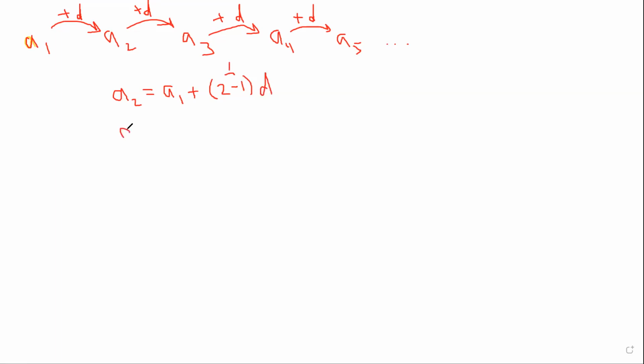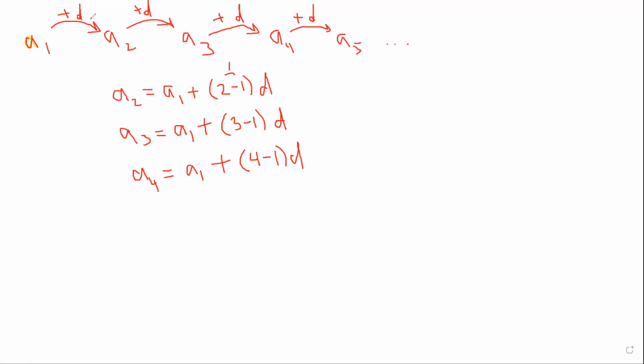To get to the third term, I add not 3, but 3 minus 1, 2 D's. To get to the fourth term, I add 4 minus 1 D's. Why is that?